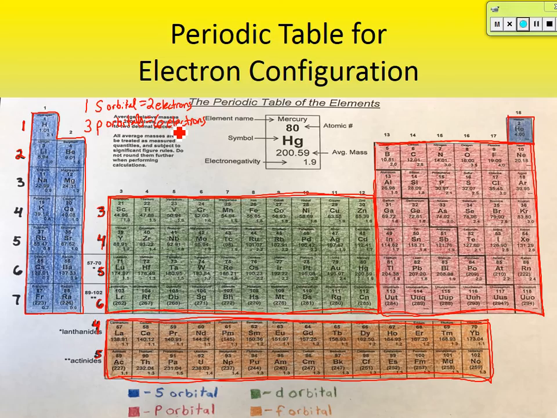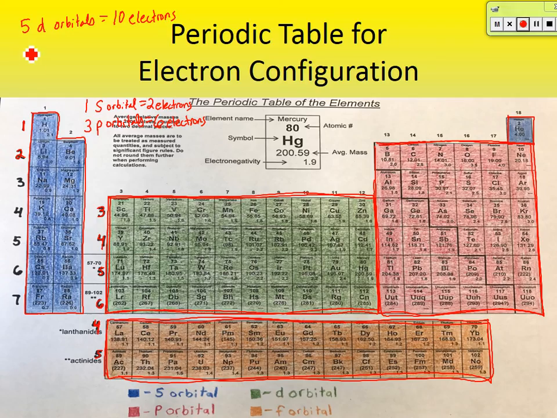Maybe it's not good to write over the top of that. I also want you to write this on your periodic table somewhere. There's 5 d orbitals. And there's 2 electrons per orbital, so a total of 10 electrons. All right?